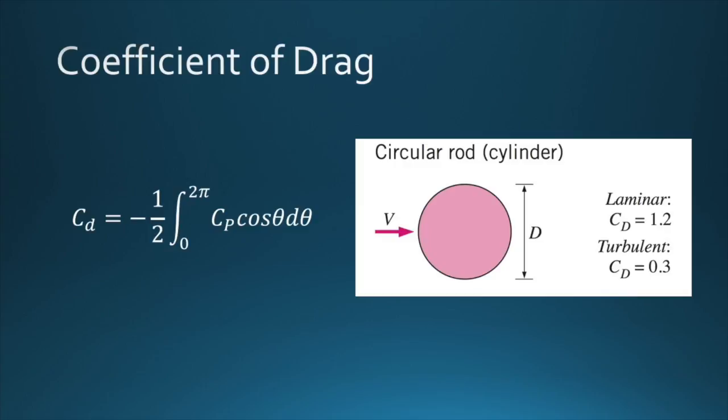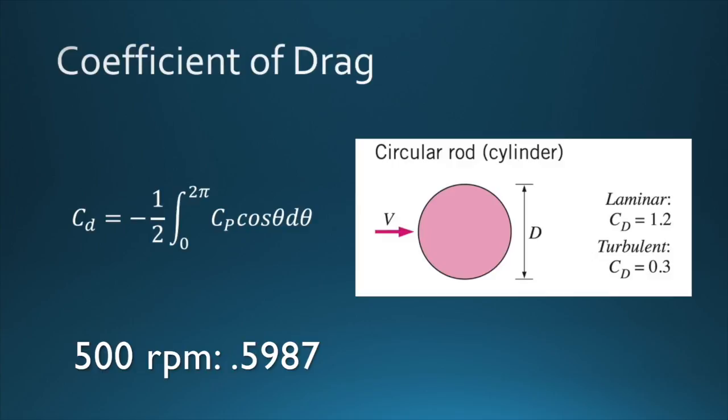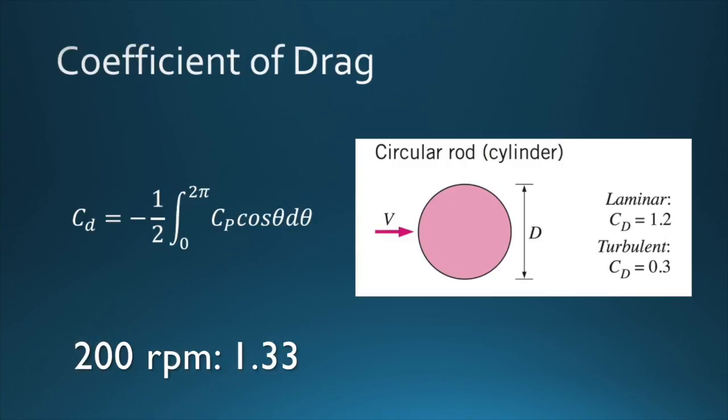For our 500 RPM test, this assumption provided a coefficient of drag of 0.5987, which makes sense because this falls at a transitional point in the Reynolds number. For 600, we see a drag coefficient of 0.5437, and for 200, we see a coefficient of drag of 1.33, which is close to the tabulated value for laminar Reynolds number.